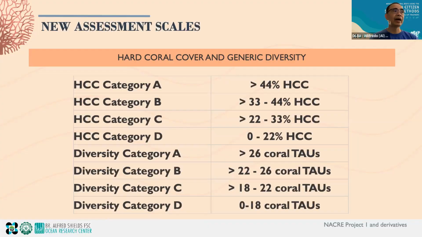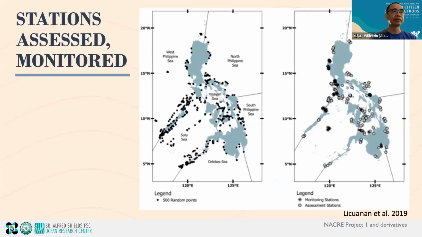Again, these bioregions are shown here. So West Philippine Sea, Sulu Sea, Celebes Sea, South Philippine Sea, North Philippine Sea, and the Visayas Sea. The labels are here. And some bioregions like this and this are richer than the ones on the east.